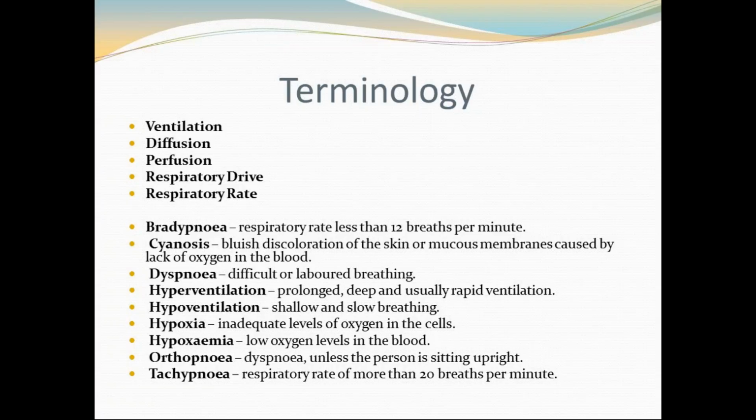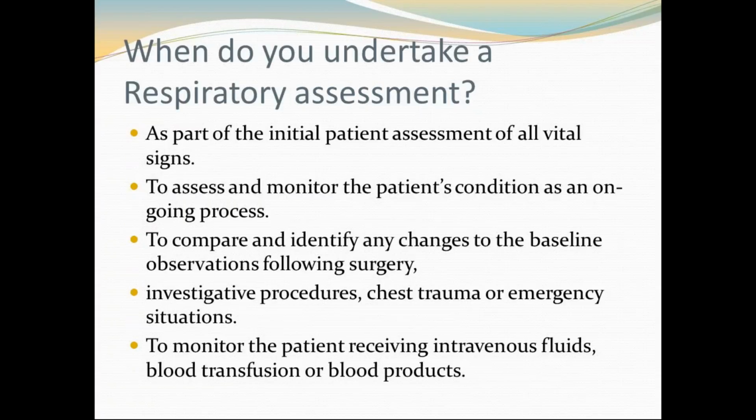Things that you may have heard or may not have heard, or if you've heard them they might have gone over your head, are things like hypoxia, low levels of oxygen in cells, hypoxemia, low oxygen levels in the blood. Orthopnea you will hear, and we'll pull those in as we talk about patient assessment. Tachypnea, high respiratory rate. It's like all the other things that we've got to learn, the terminology. Here's a few for you there.